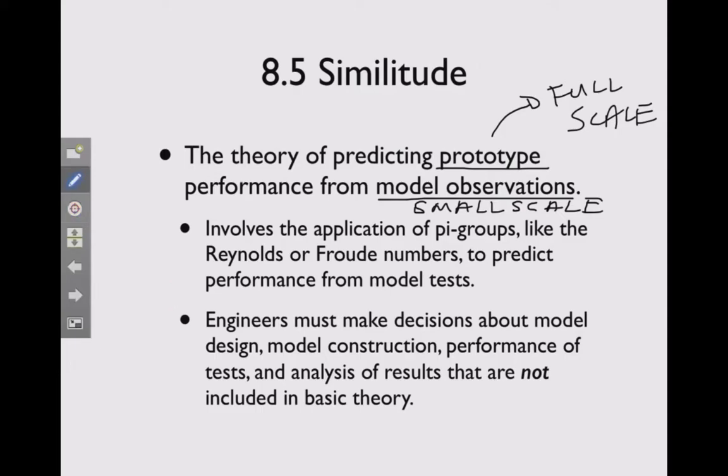Now that's very important because if we can define some sort of connection from the model observations to the prototype performance, we can perform experiments at a smaller scale, say in a wind tunnel or in a hydrologic tank, a flume, for instance, and use those to predict what will happen at the full scale when we actually build a production model.